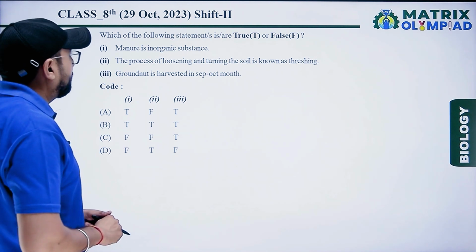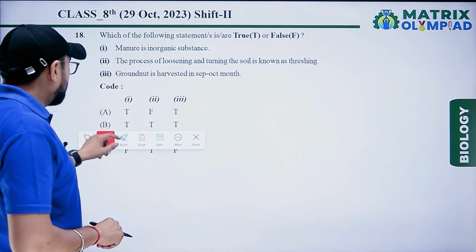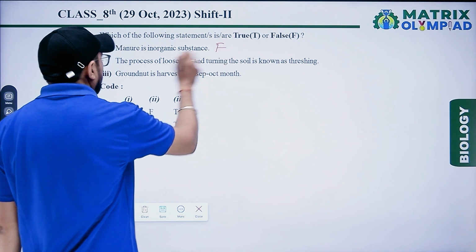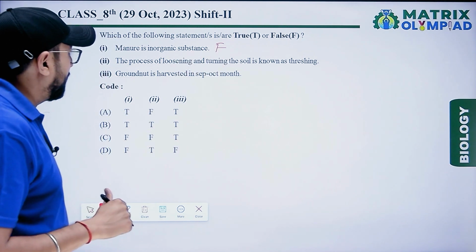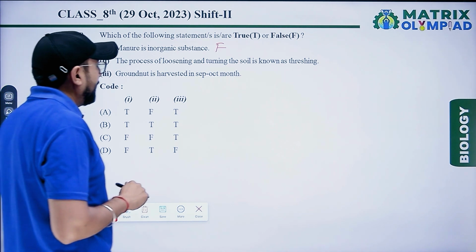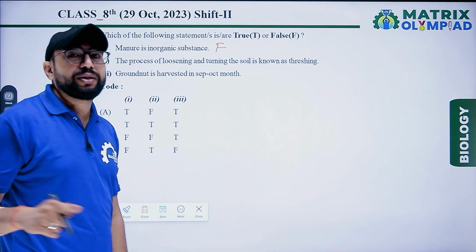Next one. Which of the following statements are true and false? Manure is an inorganic substance? No, that is an organic substance, so it is a false statement. The process of loosening and turning the soil is called threshing, and groundnut is harvested in September and October month.